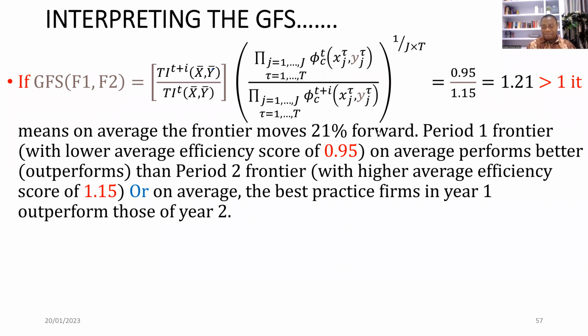Further explanation: it means that the period 1 frontier, which has a lower average efficiency score of 0.95, on average performs better, that is, outperforms the period 2 frontier, which had a higher average efficiency score of 115.